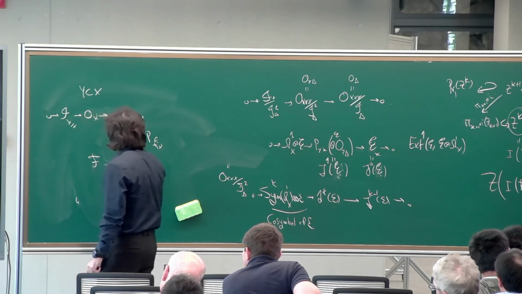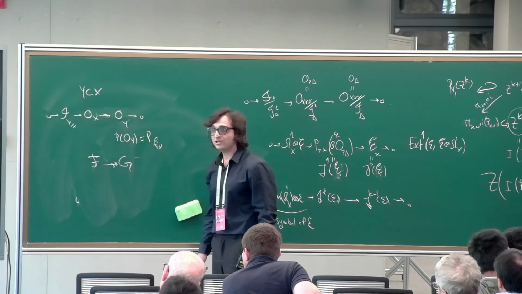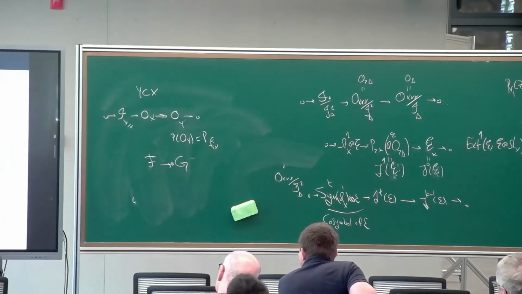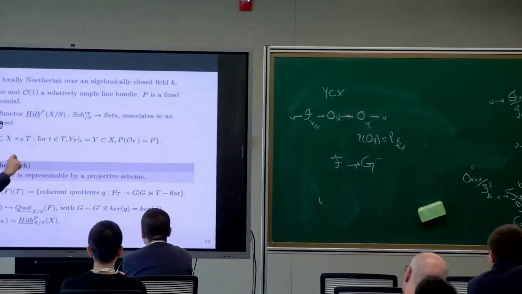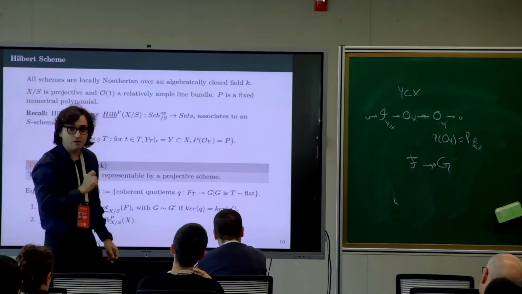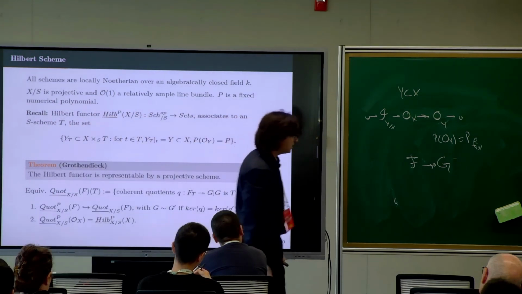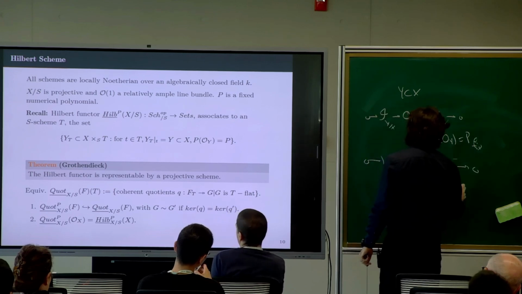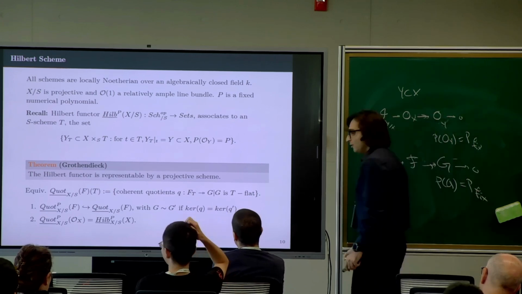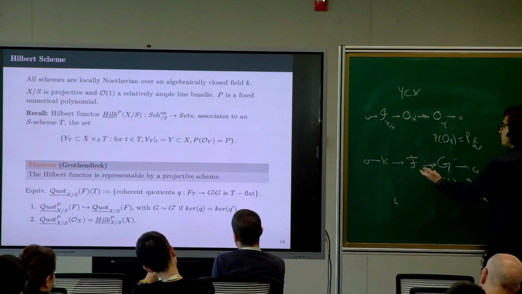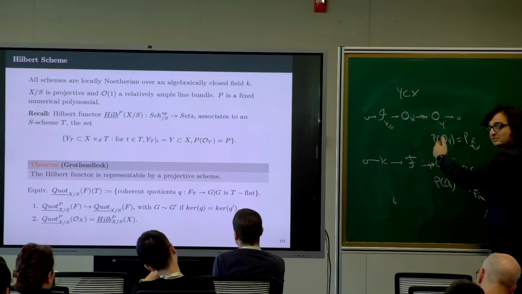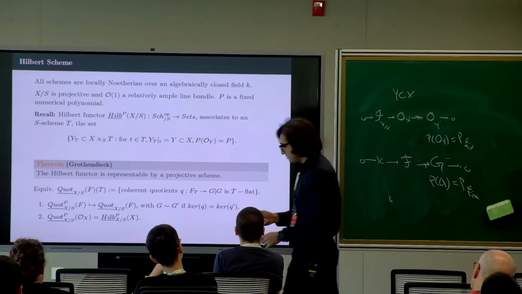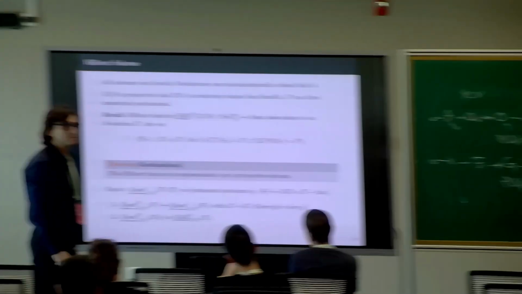Take any coherent sheaf and construct quotients of these coherent sheaves, which are defined over this space, whose fiber over every point of T is an actual coherent quotient sheaf on X, such that the Hilbert polynomial of this sheaf is equal to a fixed P. Of course, if you can construct a space like this, once you put this equal to O, that's the same as parameterizing ideal sheaves and the Hilbert scheme. So the Quot scheme specializes to the Hilbert scheme. Okay, so this is Grothendieck's construction.